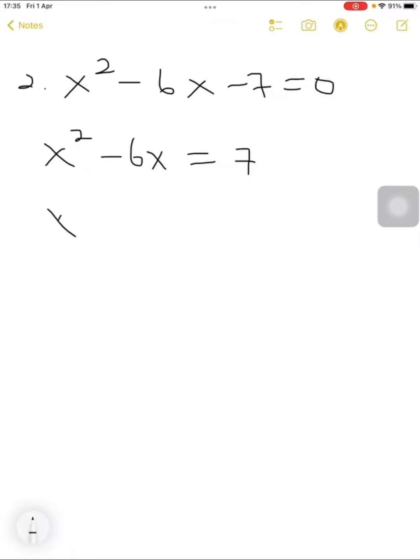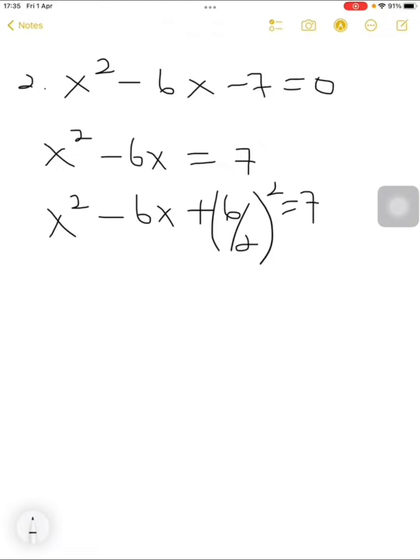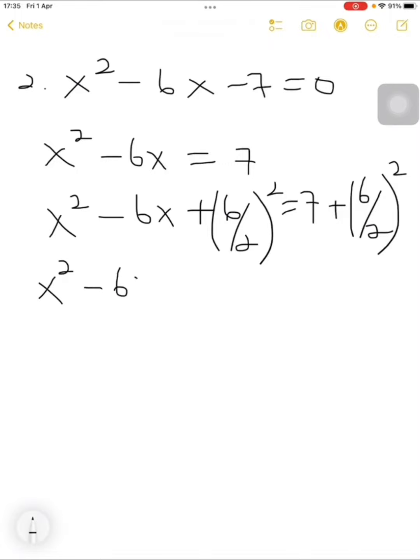This is how it should be, minus 6x plus, what is the third term? The value of b, 6 all over 2, and then we square, is equals to 7 plus 6 over 2 squared, right? Okay, this is x squared minus 6x plus 3 squared is equals to 7 plus 3 squared.